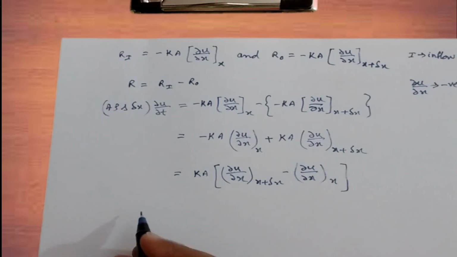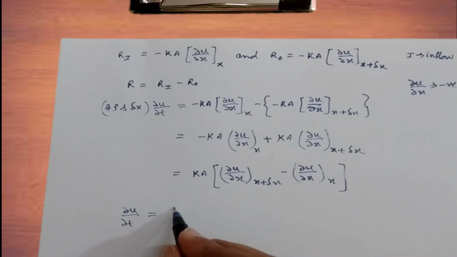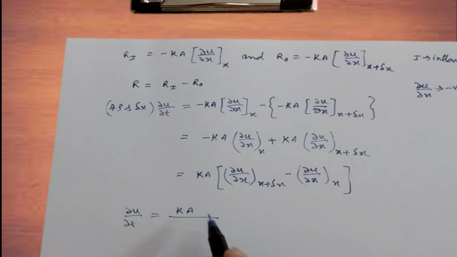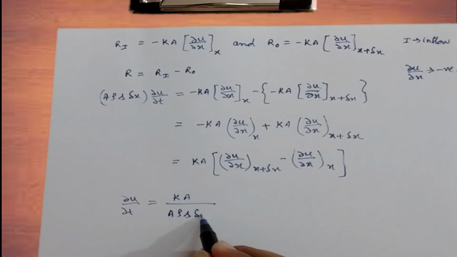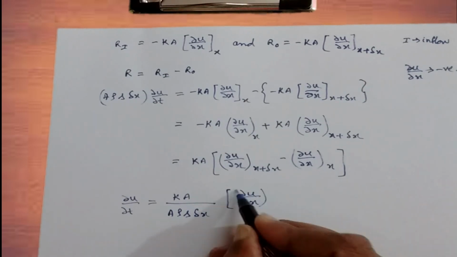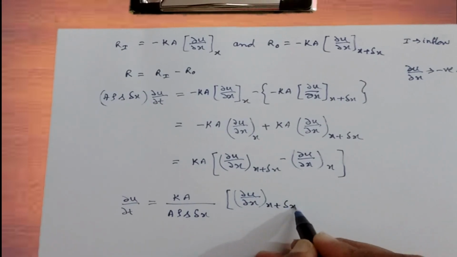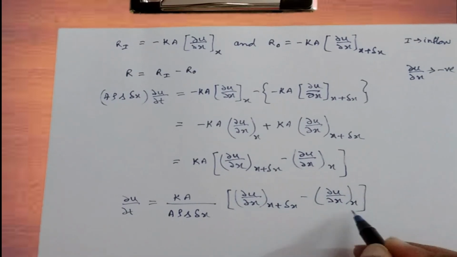If you want to rewrite this, dou U by dou T will be equal to Ka divided by A rho S delta X times dou U by dou X at X plus delta X minus dou U by dou X at X.